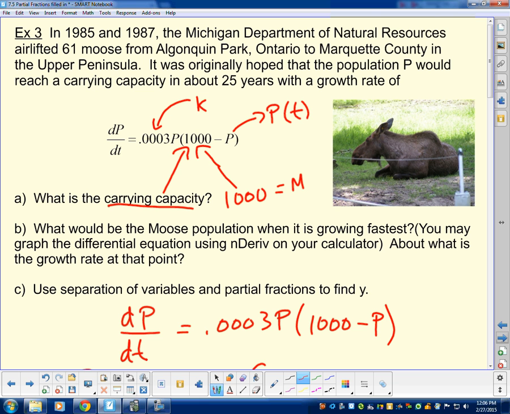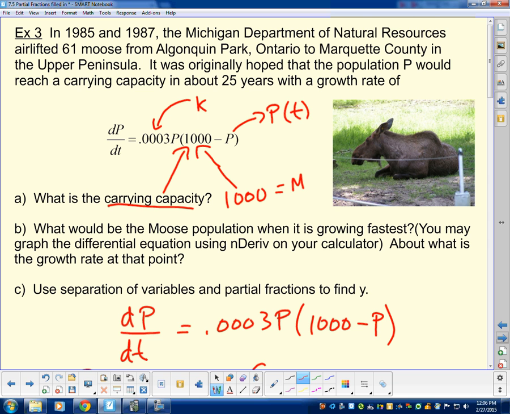What I'm going to ask you to do on problem 27 is not the instructions on there, but to do what we're going to do right now together. You're going to just answer the questions with what you know about the logistic equation. So you can skip to the end. Just take the logistic equation and interpret it. So what is the carrying capacity? It's 1,000. What would be the moose population when it is growing fastest?